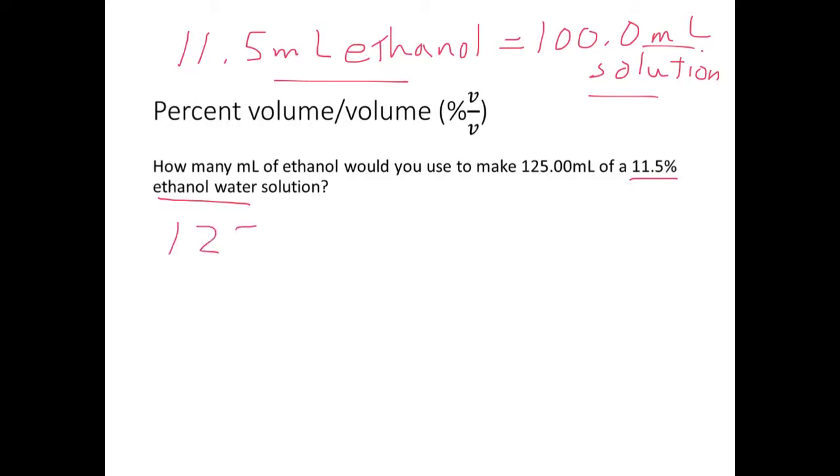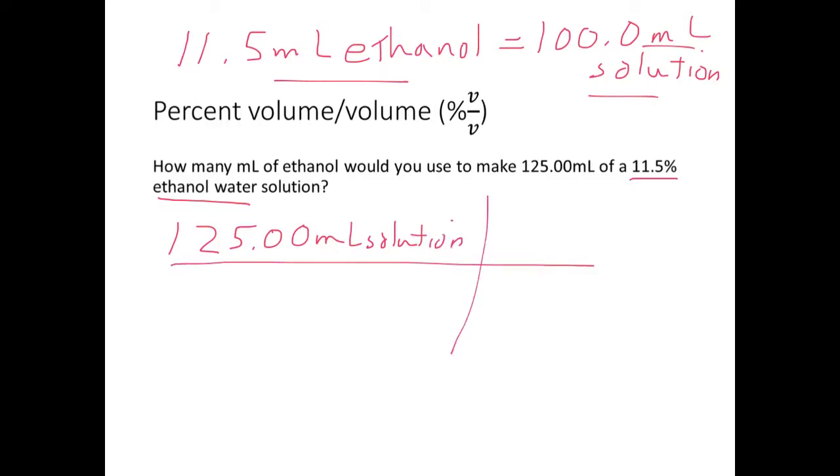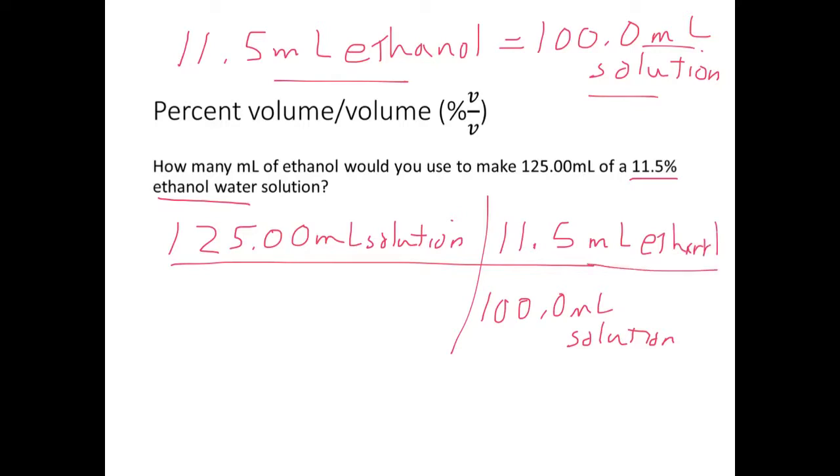We're wanting to make 125 milliliters of solution. So we would start our line with 125 milliliters of solution, place milliliters of solution where they cancel out, and place milliliters of ethanol where they'd be left.